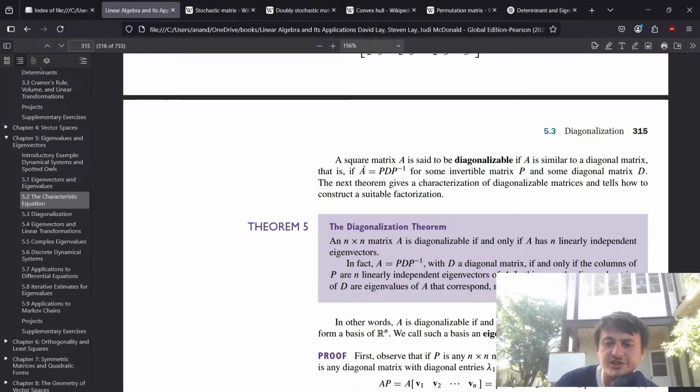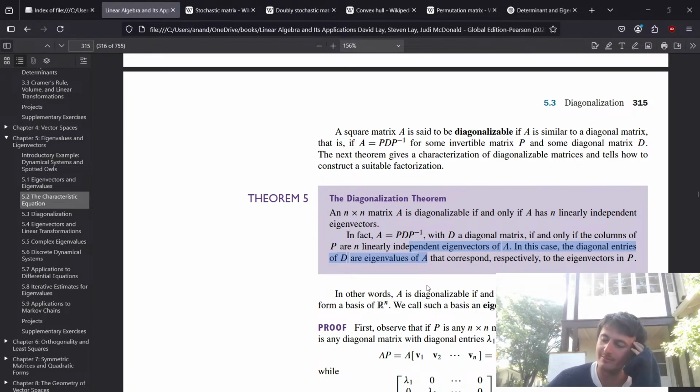In this case, the diagonal entries of D are eigenvalues. Oh, really? Whoa, you're blowing my mind here. That's crazy.